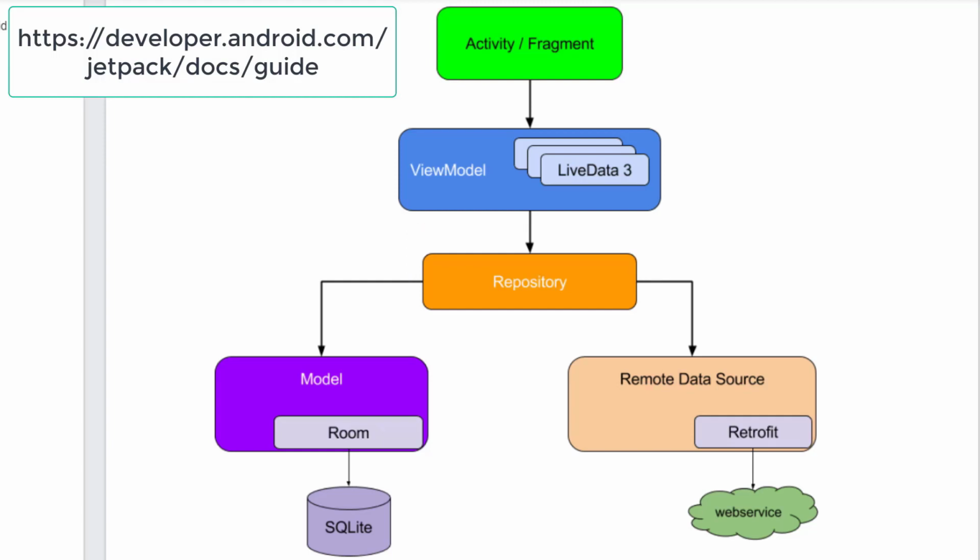The purpose of a repository class is to provide a clean API for view models to easily get and send data. As Google documentation says, you can consider repositories to be mediators between different data sources such as local databases, web services, and caches.